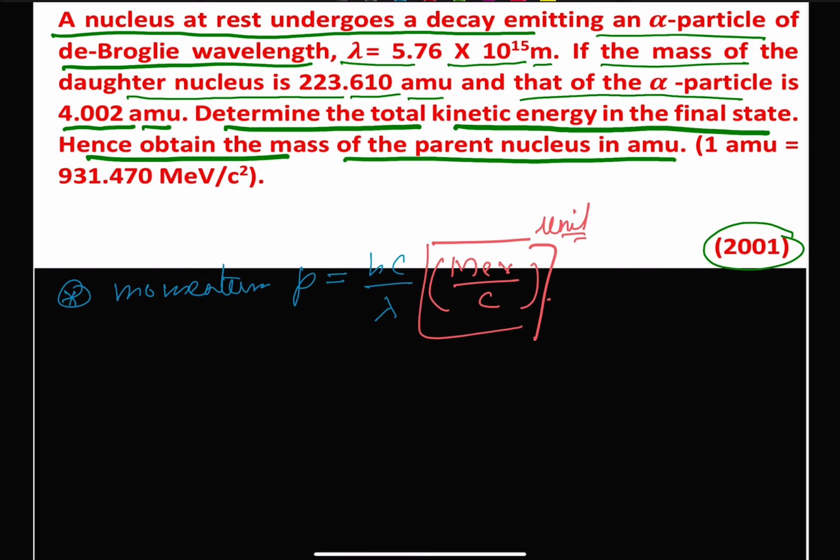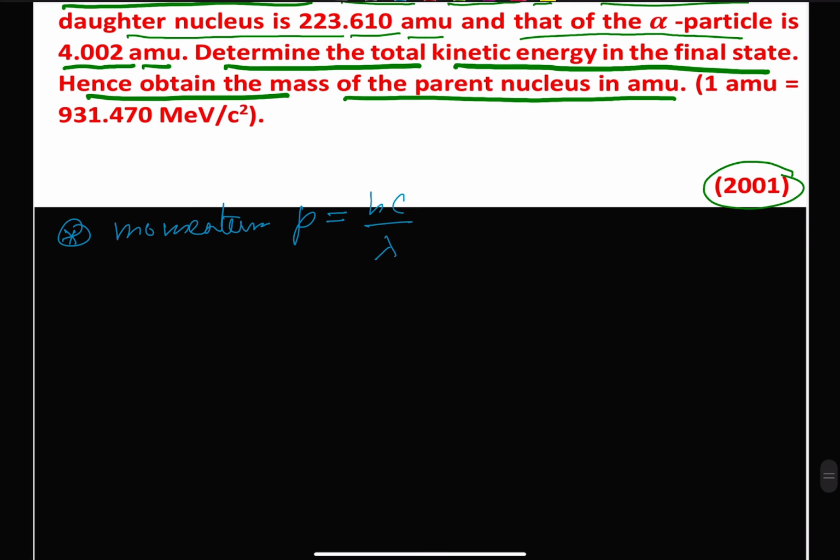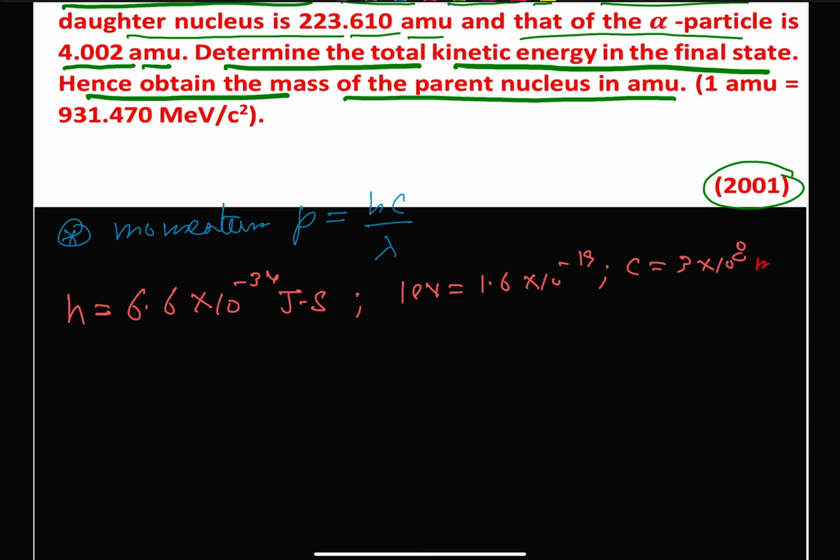Now let me do it in a more traditional way, it will be helpful. So this becomes h upon lambda, and we know that value of h is 6.6 into 10 to the power minus 34 joule second, and we know 1 electron volt is 1.6 into 10 to the power minus 19 joule, and value of c is 3 into 10 to the power 8 meter per second.